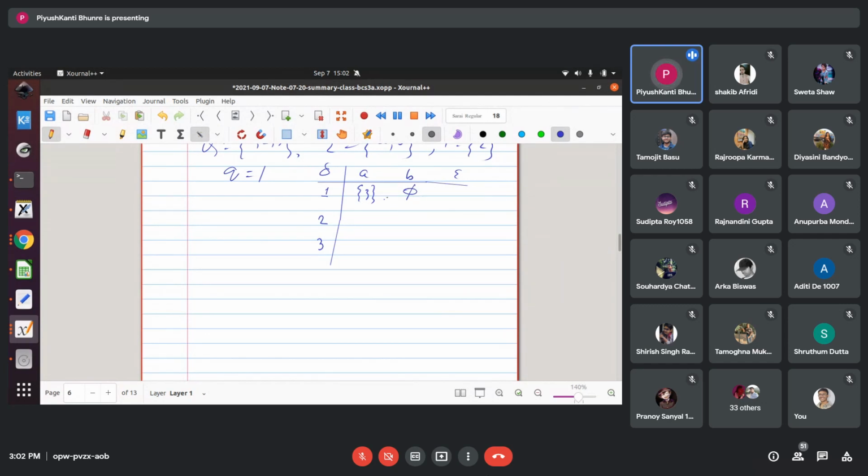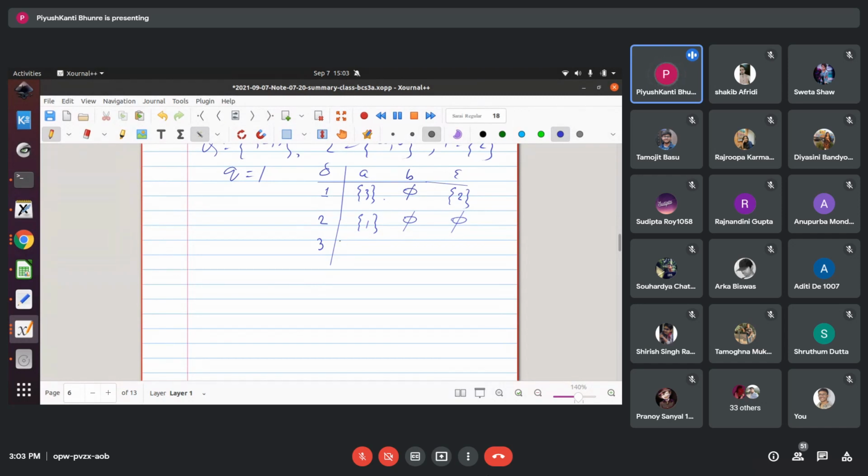There is no transition from state 1 to any other state when the input symbol is B. If the input is epsilon, that means the empty symbol, then it goes to state 2. When it is at state 2, on receiving symbol A, it can go to state 1. On receiving symbol B, it goes nowhere, and for the empty symbol also nowhere.